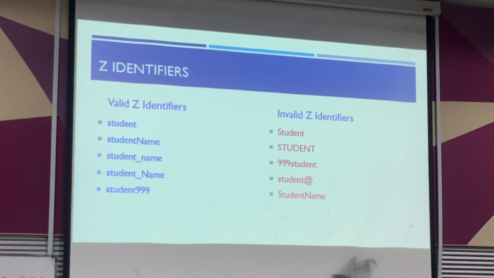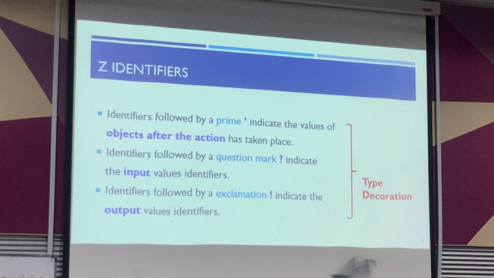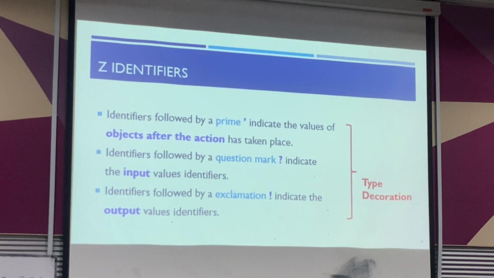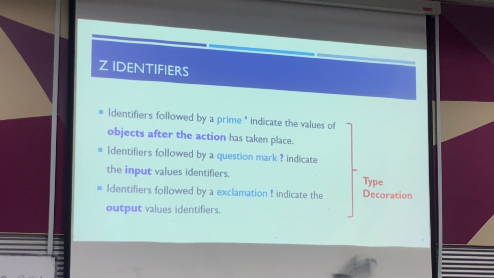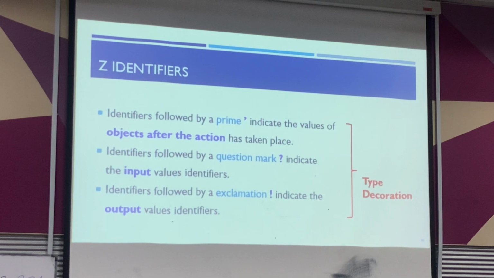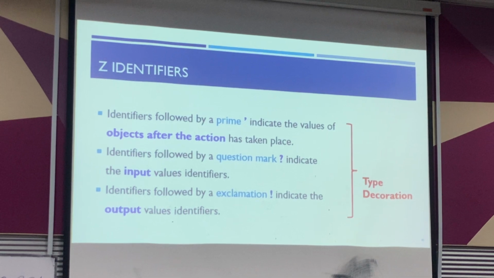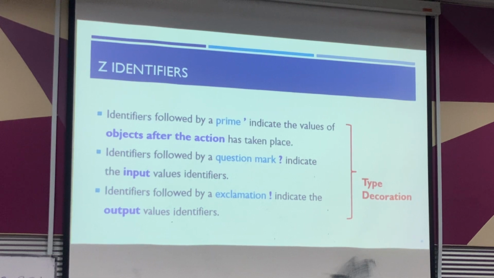The next one is related to identifier. Even though we say there are a few symbols like dollar sign and so on that cannot be used with identifiers, there are 3 symbols that can be used with identifiers. We call this decoration, or type decoration.